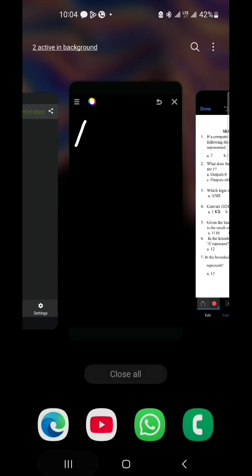Meaning if we have input as 1, let's say this is our input and this is our output. Now I told you that with the NOT operation, if the input is 1, the output is 0. It is opposite. It has a single input and an output.